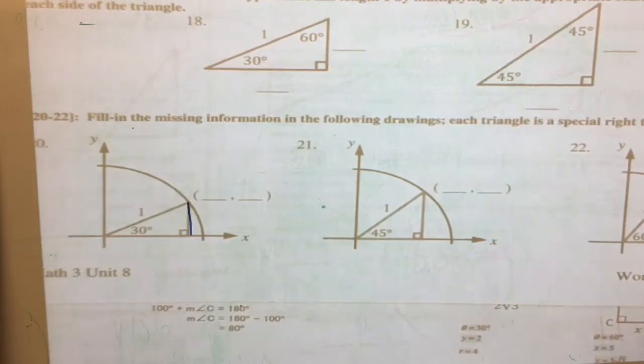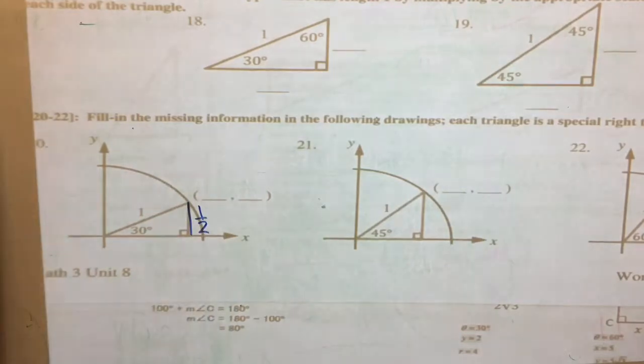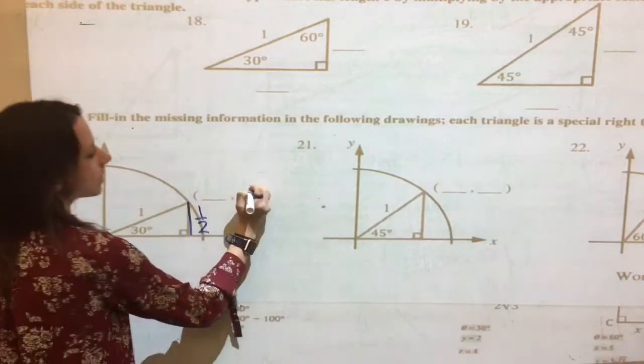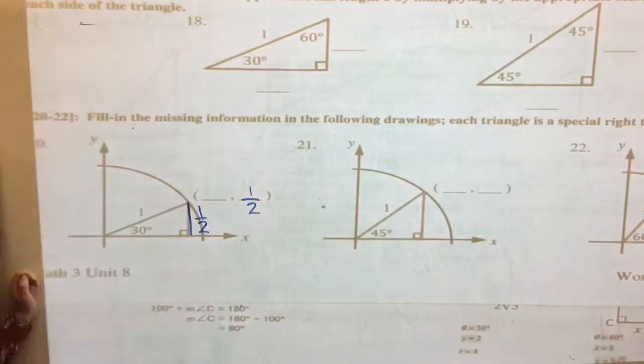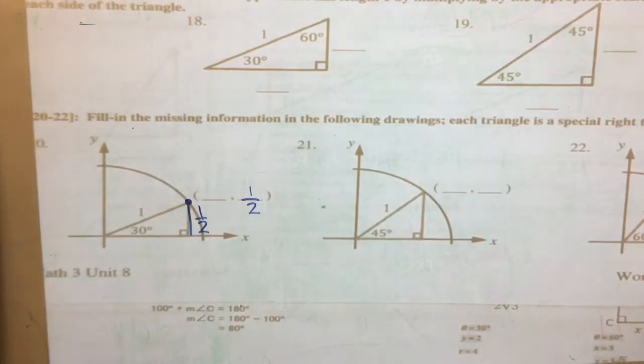Which one is always opposite the 30? 1/2. Good. And the vertical side, is that an X value or a Y value? It's a Y, so that is the Y coordinate. Because whenever you're looking at a point on a graph, it's how high. Y is always how high.